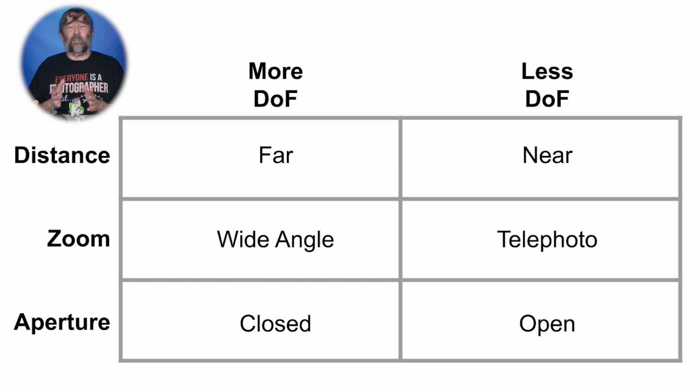And those are relatively easy to manipulate if you've got the freedom to do so. If you can get closer to or farther from your subject, if you're in a situation where that's possible, if zooming in or out doesn't ruin your composition and your very carefully chosen framing. But with your aperture, you can manipulate depth of field independent of the framing.